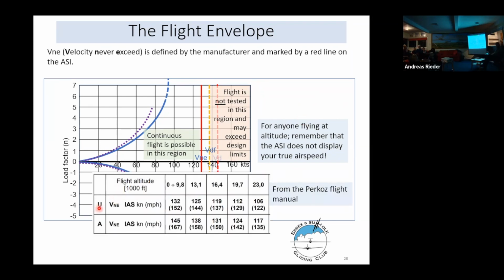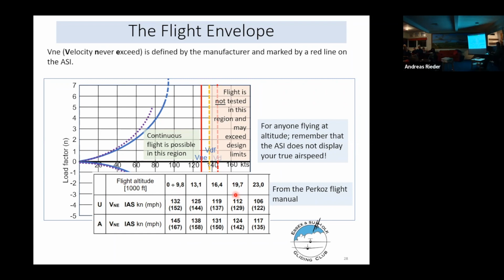So from the PERCOS flight manual, in the utility category, or aerobatic, utility, VNE is 132 between 0 and 10,000 feet. It actually says 9.8, but we'll take that to 10,000 feet. If we go up to 19.7, that's close to 20,000 feet, the VNE is now 112 indicated.